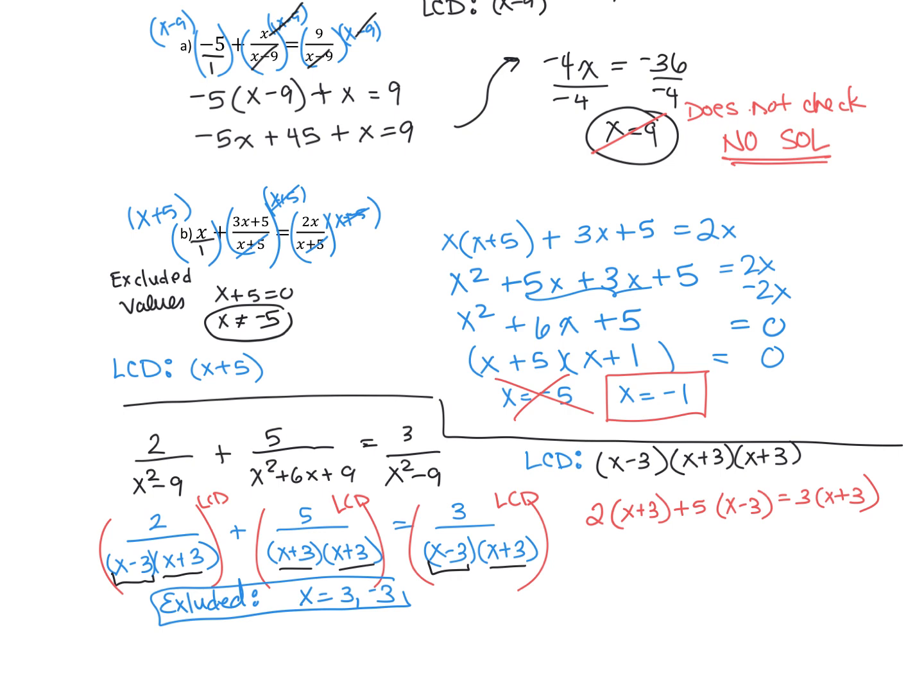So solving, we get 2x plus 6 plus 5x minus 15 equals 3x plus 9. 7x minus 9 equals 3x plus 9, or 4x equals 18, and we get 9/2. Not one of our excluded values, so it should work.